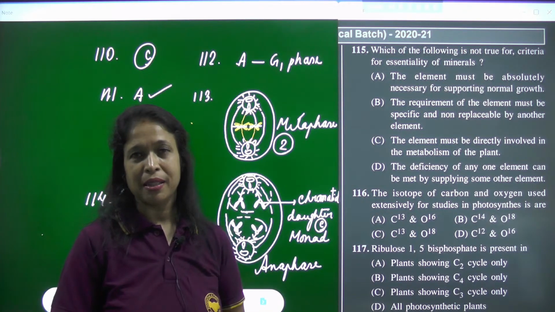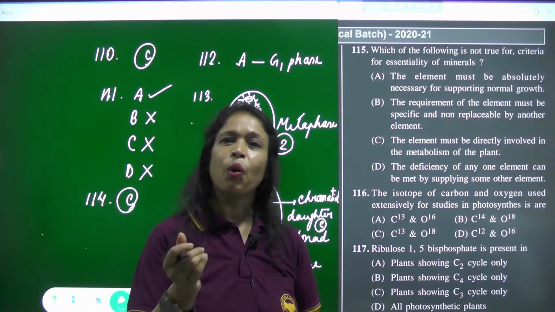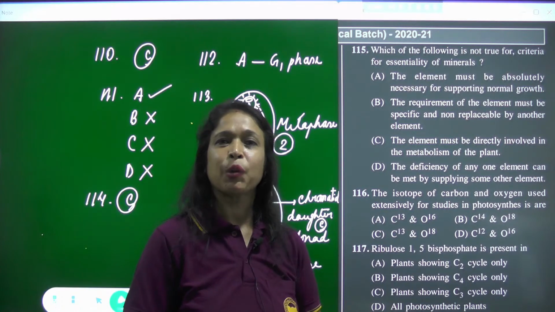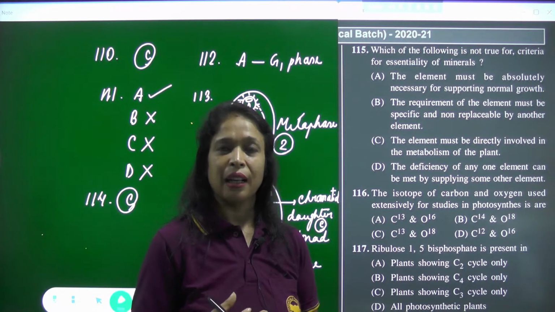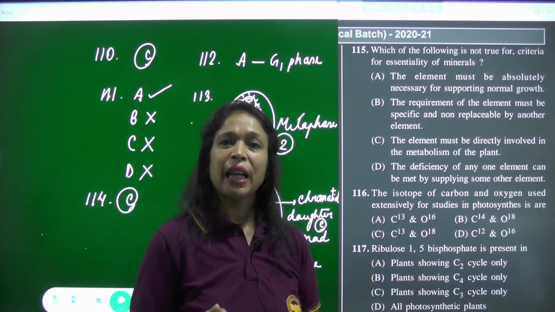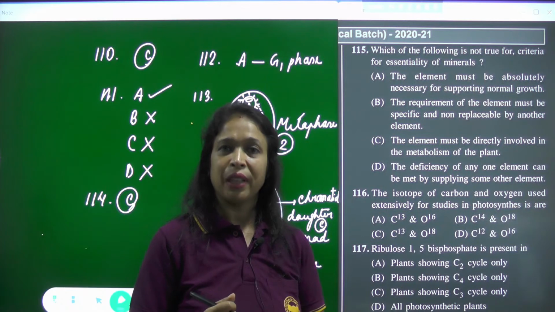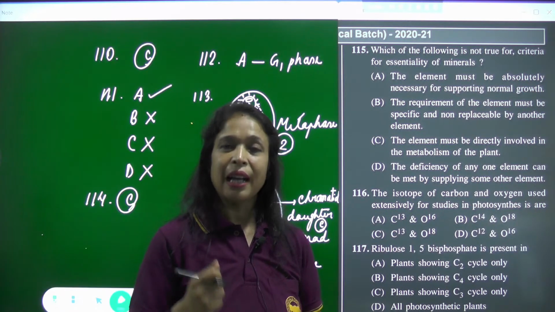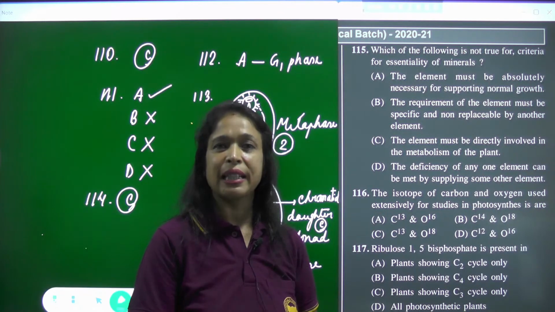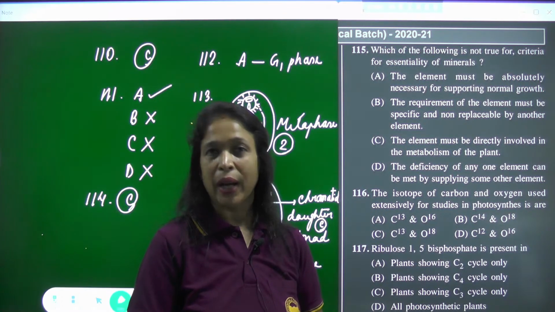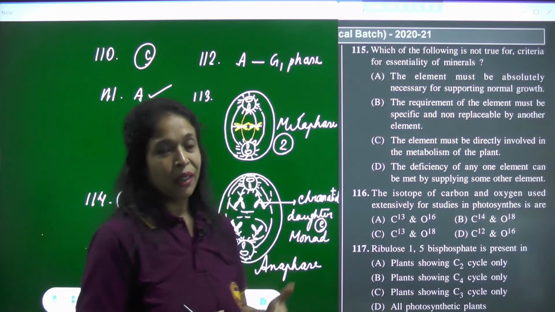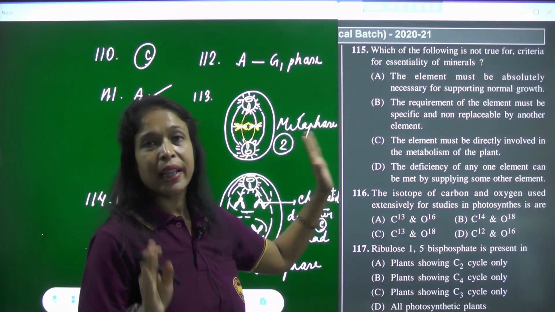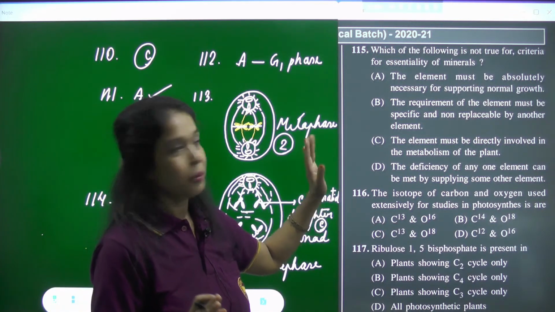But it does not mean that all the mineral elements are required by plants. Some are essential, some are not. So which mineral elements are essential for living things, which are not? Scientists proposed some criteria which we call the criteria for essentiality. So now let's see which is not a criterion of essentiality here.